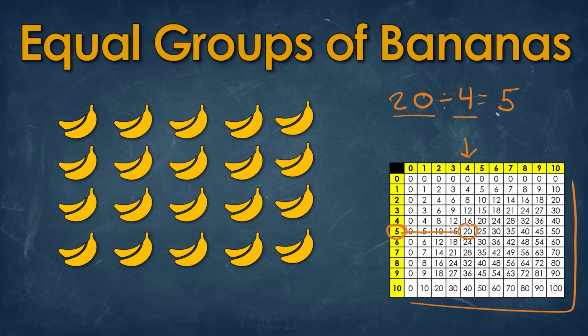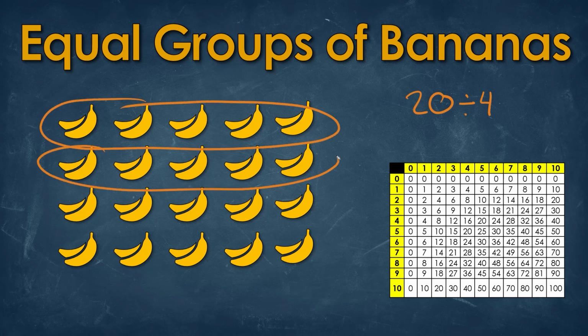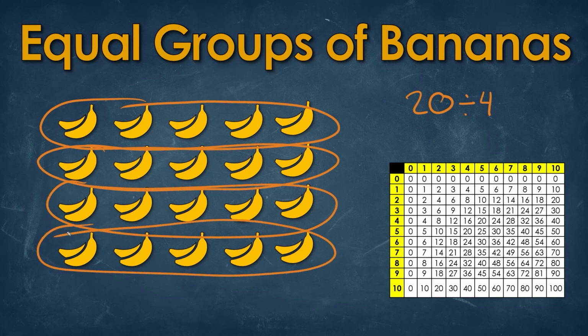Now if we want to go with the banana option, again, we can use this equation to say we have 20 bananas, and we want to divide it into 4 equal groups. Well, I know that this right here is one group, this is another group, this is another group, and this is another group. So I have 1, 2, 3, 4 groups, which is what we want.